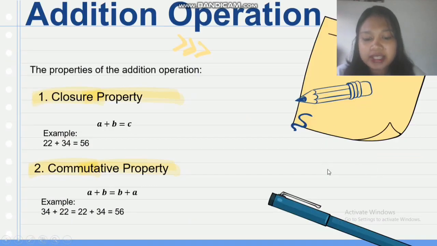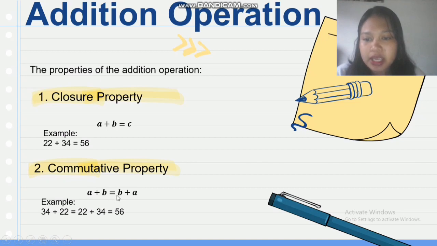Next, I will discuss the addition operation. The properties of the addition operation. 1. Closure property. A plus B equals C. Example, 22 plus 34 equals 56. 2. Commutative property.